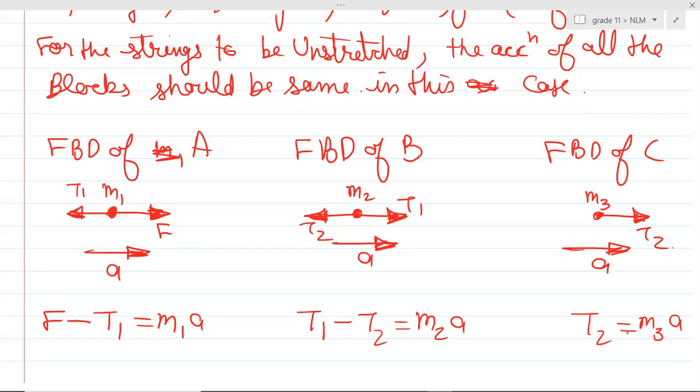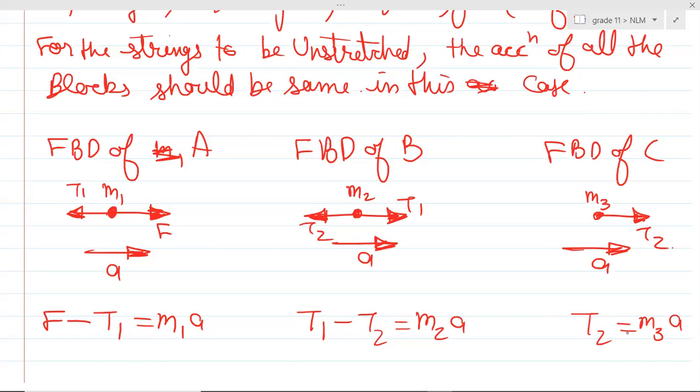Why F minus T1, why not T1 minus F? Because the object is accelerating in the right direction, so F has to be bigger than T1. Perfect. That's why we made this first equation.